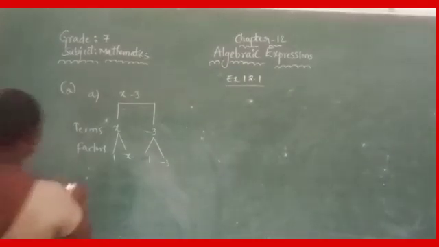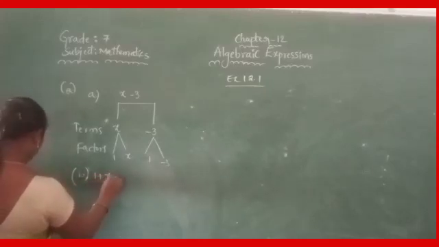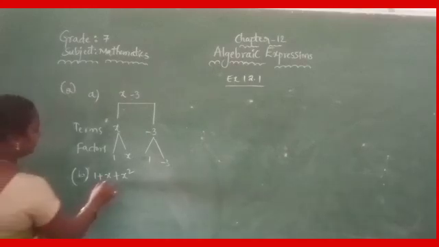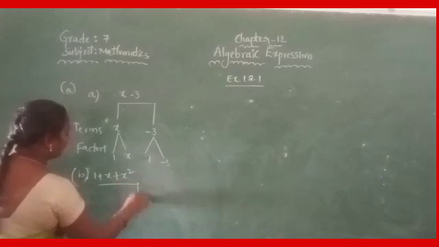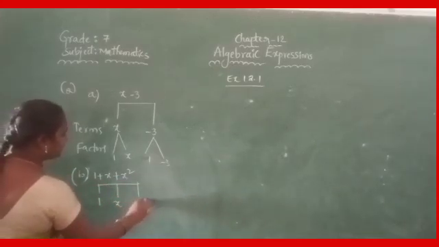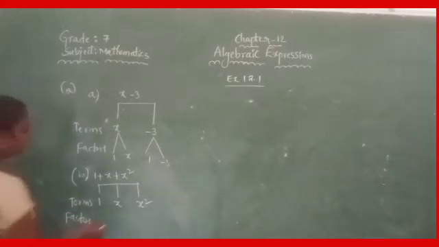See, the second expression, 1 plus x square. How many terms does this expression contain? So what are they? One is 1, the second one is x square. These are the terms. And factors are those that are multiplied together.